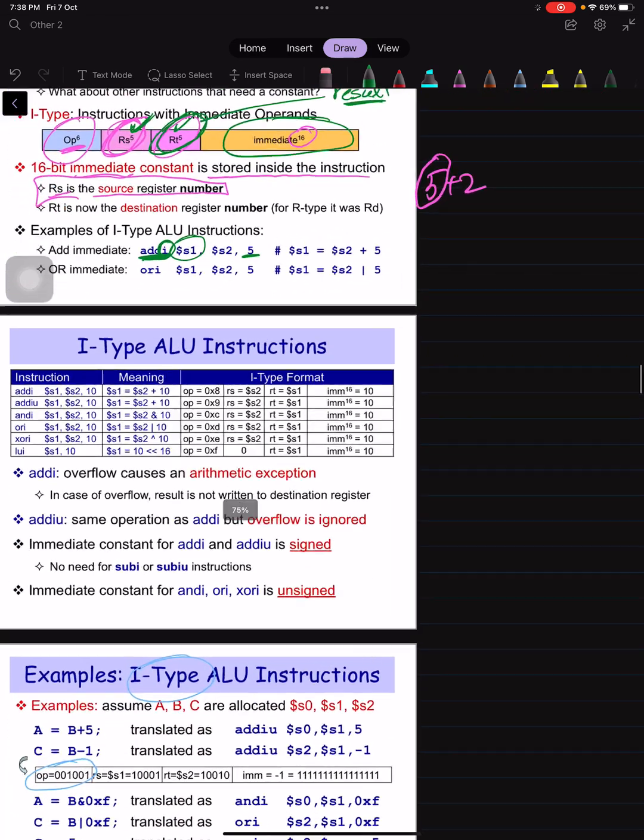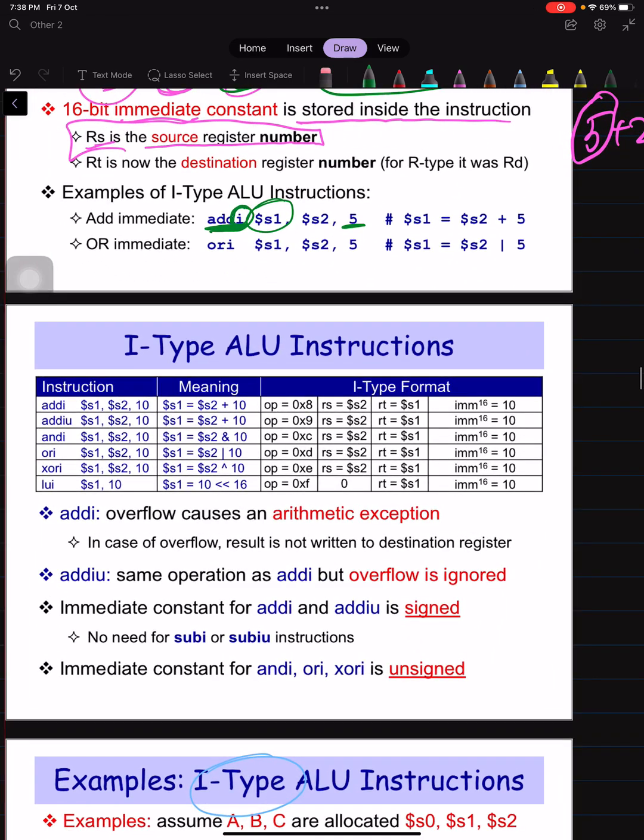Okay, let's continue. Again, the same thing we followed already in the R type. We have this type of instruction in the I type now.